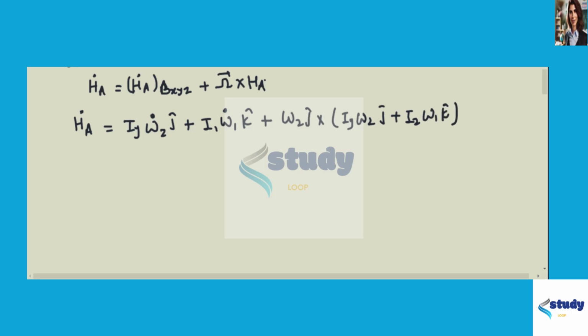Taking the cross product and simplifying, you will get Iz omega 1 omega 2 i cap plus Iy rate of change of omega 2 j cap plus Iz rate of change of omega 1 k cap.